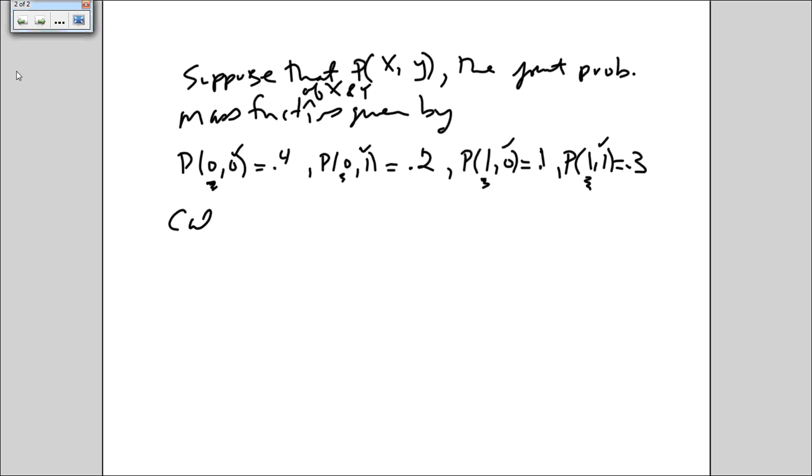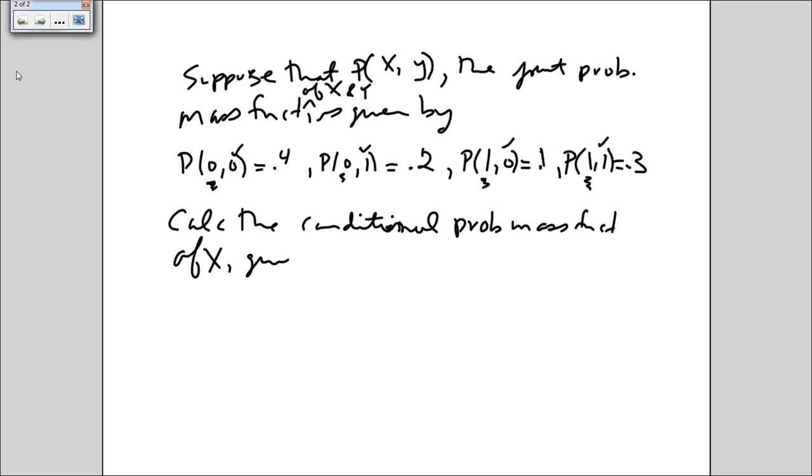Now suppose you were asked to calculate the conditional probability mass function of x given that y is equal to 1.